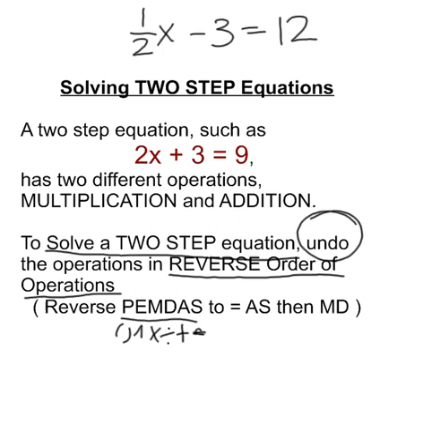When we're solving two-step equations, we go backwards and stop right here. The first thing we do is add or subtract, and the second thing we do is multiply or divide. So it's like you're going backwards with two-step equations.